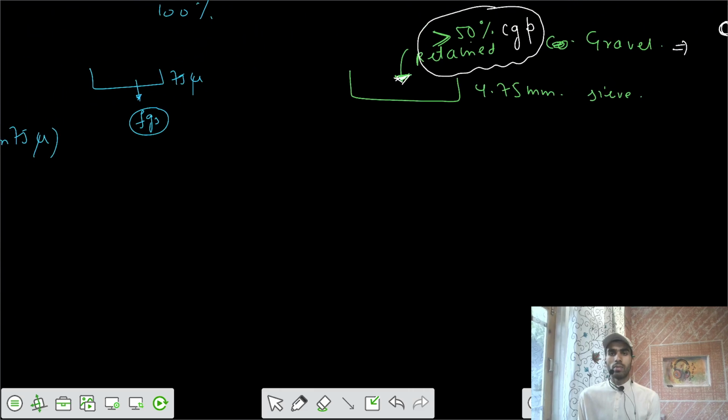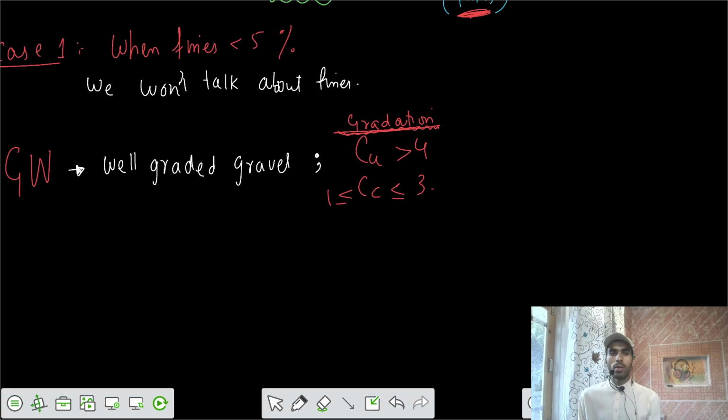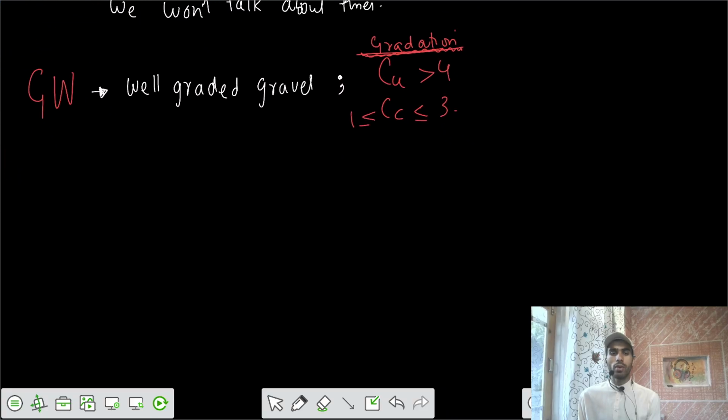So if your soil is gravel and you want to write GW, that means your soil should be well graded gravel. For well graded, our gradation says that your CU should be greater than 4 and your CC should be in the limit of 1 to 3.